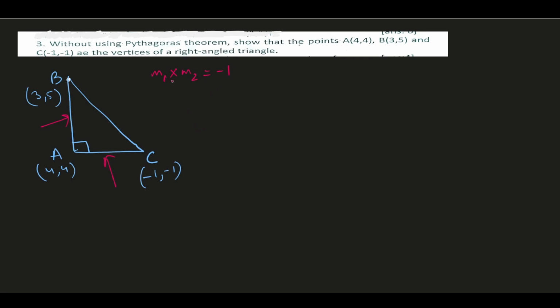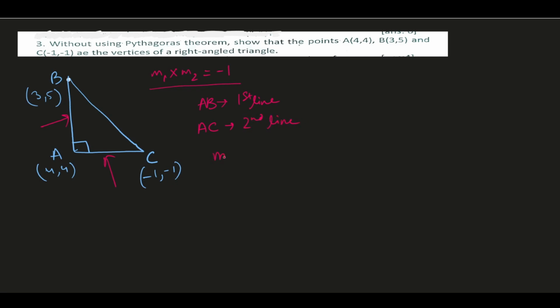If we prove this relationship as true, then we can say that ABC is a right angled triangle. Okay, so let's find out. Let's consider AB as our first line and AC as second line.